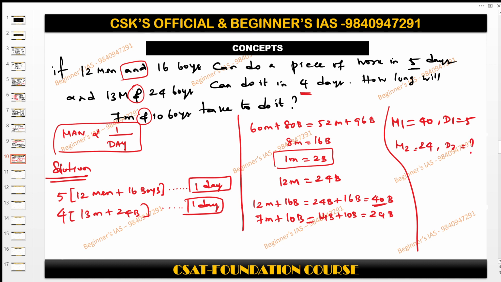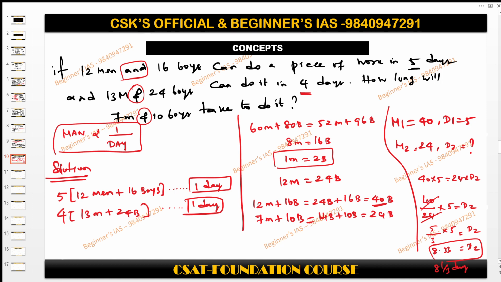So here you can use m1 d1 equals m2 d2: 40 into 5, which is equal to 24 into d2. So 40 by 24 into 5 is equal to d2. You can cancel here, 3 into 5, 25 by 3, 8.33. So d2 is equal to 8.33, or else you can say 8 1 by 3 days.